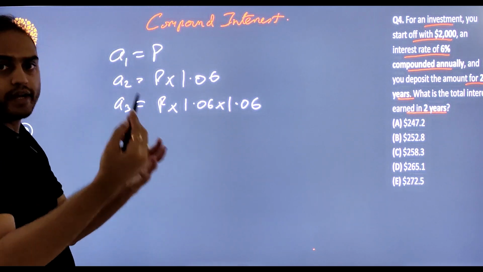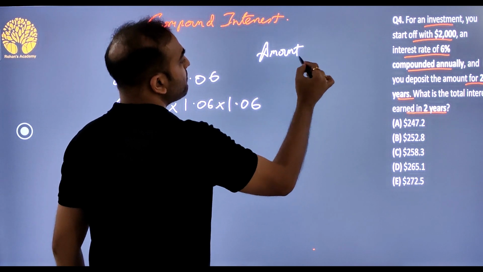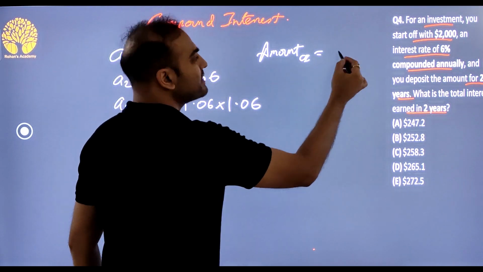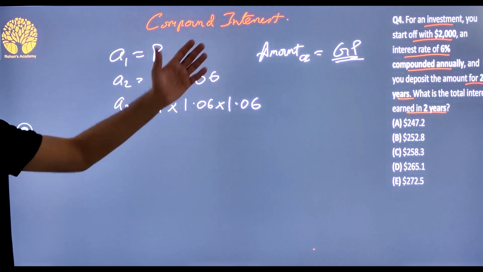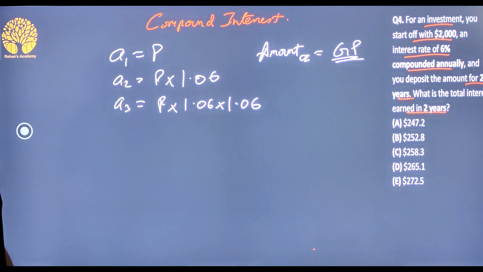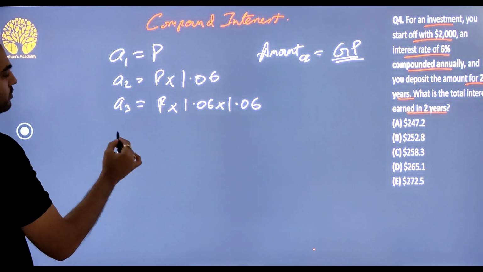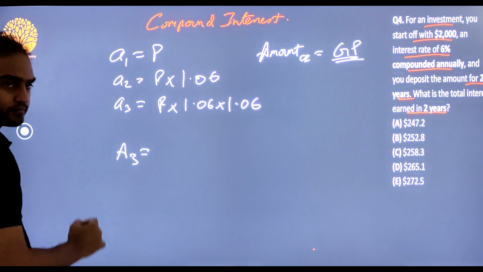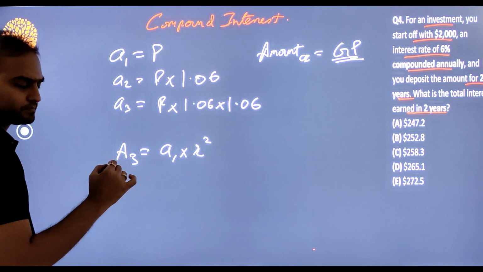So ultimately what I'm trying to say is that the amount in case of compound interest simply follows a GP. So if we find A3, that is A1 into R power 2.